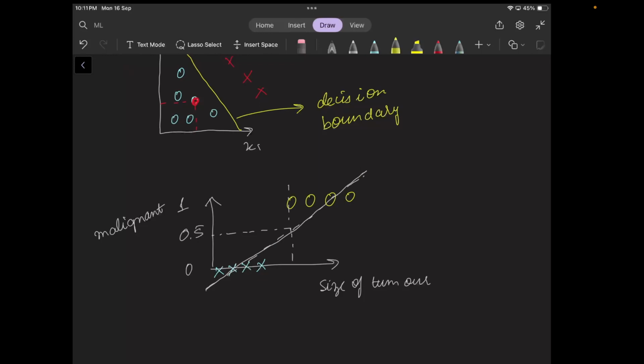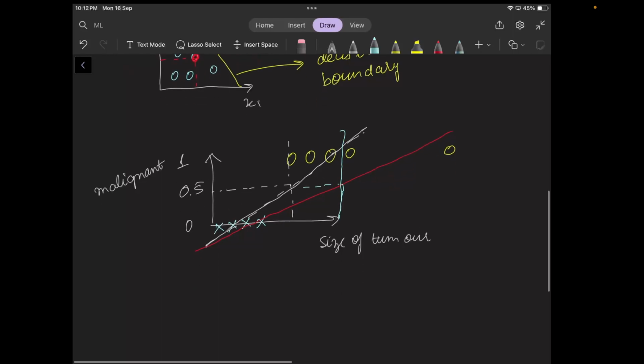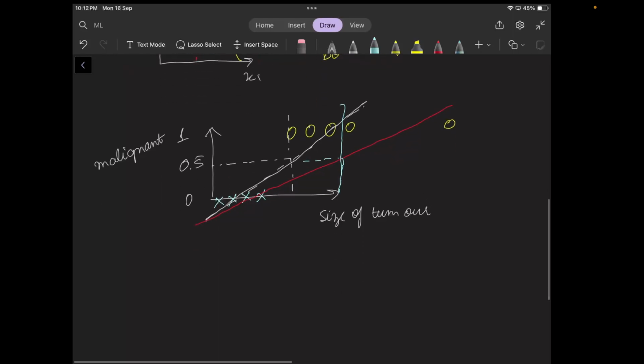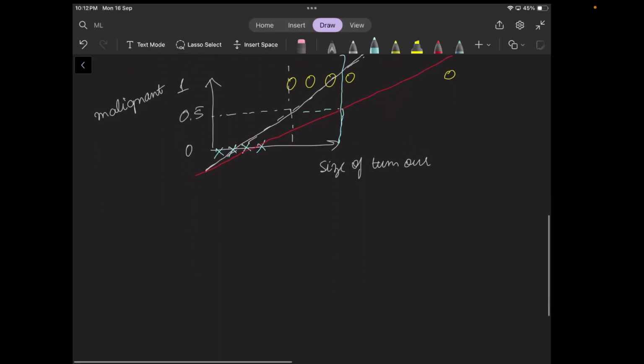But let's say if I have an outlier right here, then the line would be something like this. Now when I find out where 0.5 intersects, it would be somewhere here, and then most of the tumors would be misclassified. So that is why linear regression would not work in such a case.